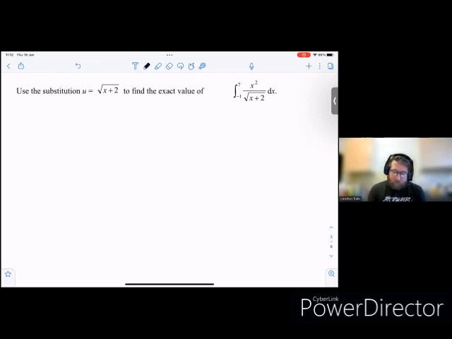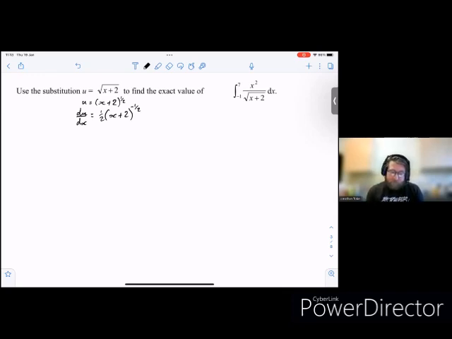Okay, so we've got our substitution. So u equals x plus 2 to the half. We need a du by dx, which is a half x plus 2 to the minus a half, times by the derivative of the bracket, which is 1.